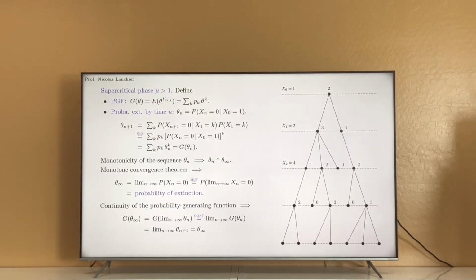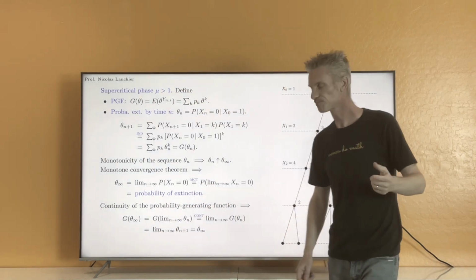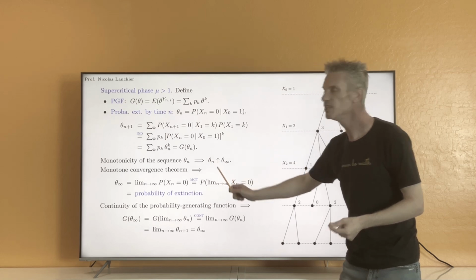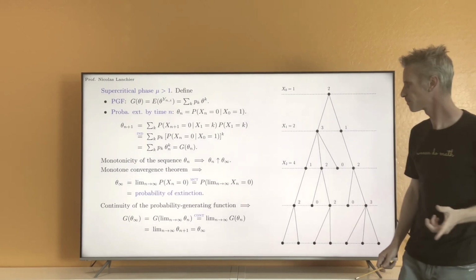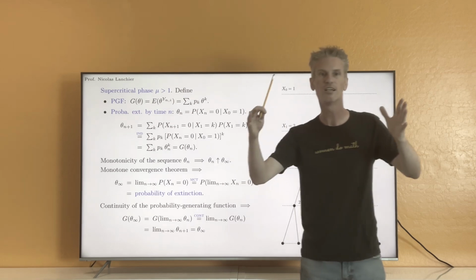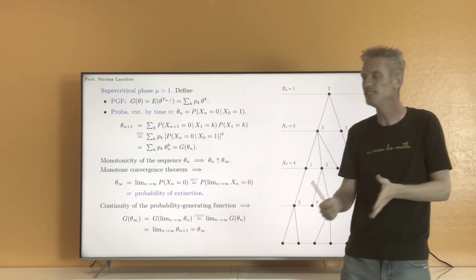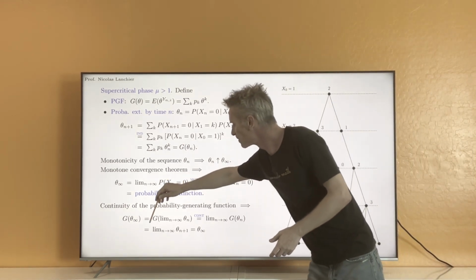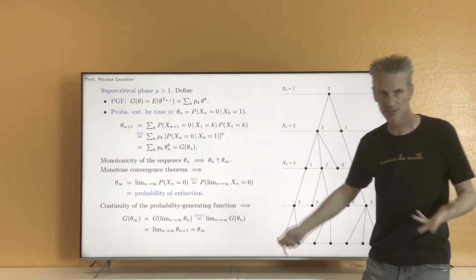And so using this, we have g of theta infinity. I replace theta infinity by its definition, the limit of the theta n, so that is equal to g of the limit of the theta n. By continuity of the function on the interval 0, 1, and clearly this theta infinity, being a probability, is between 0 and 1, this g of the limit is equal to the limit of g of theta n.